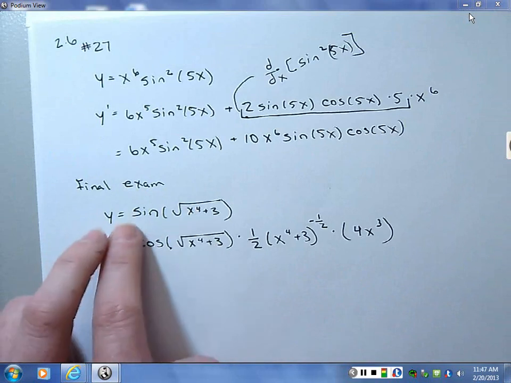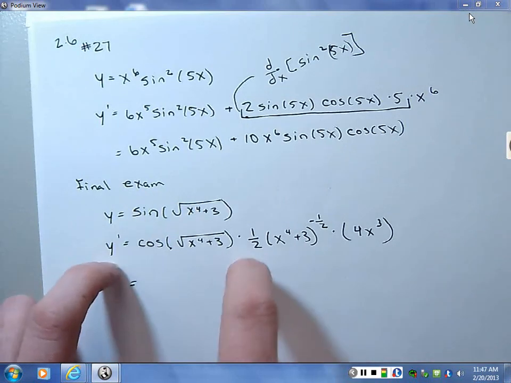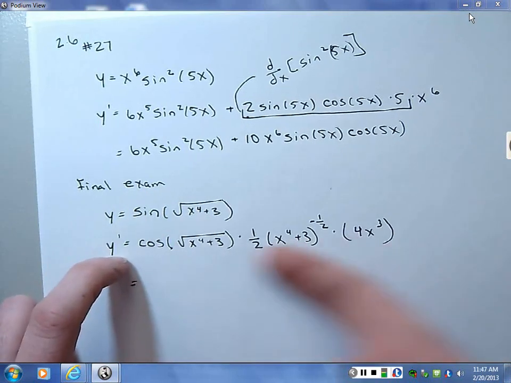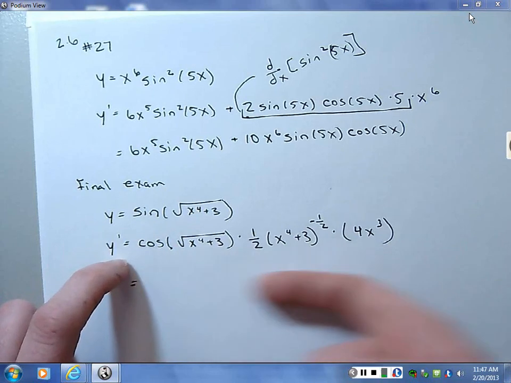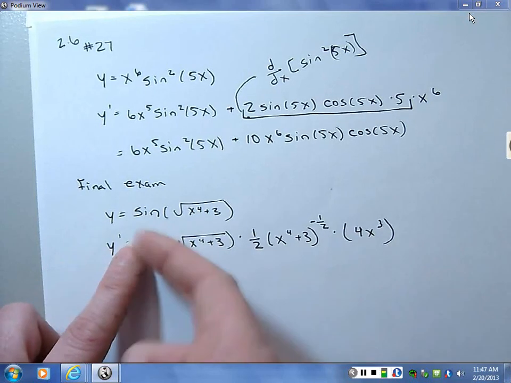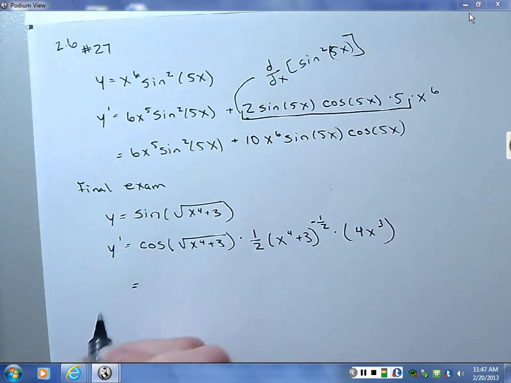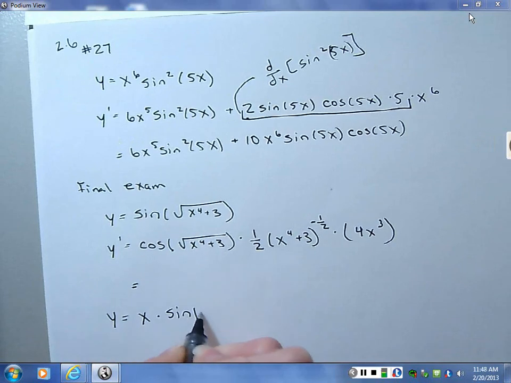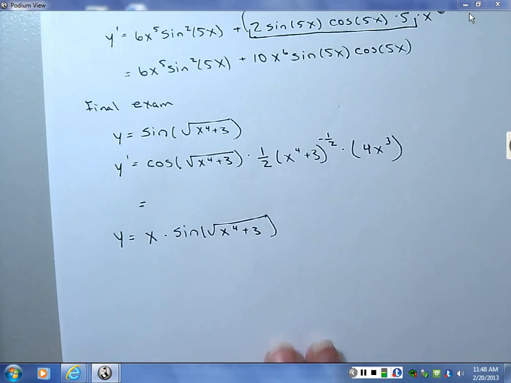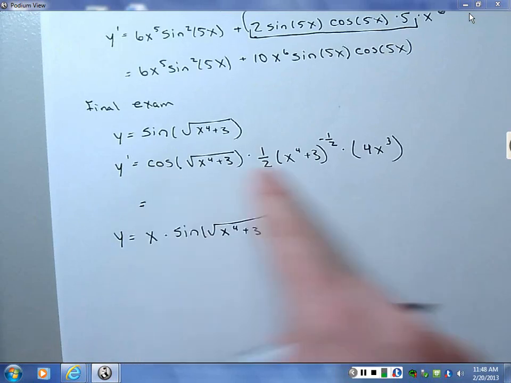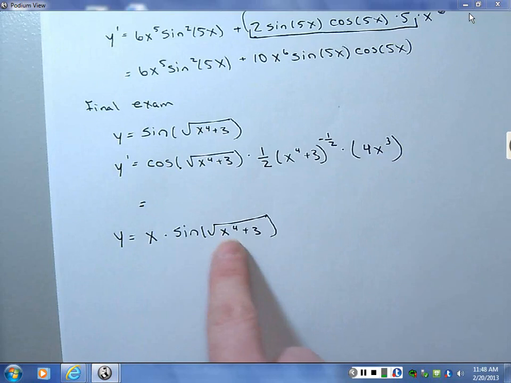So if there was an x out front, I would have to use the product rule, and this part would just be the derivative of the second function. I could do the example y equals x times sine of the square root of x to the fourth plus 3. And that would be the derivative of the first function, 1, hold the second one, plus x times this function, because this is the derivative of just that.